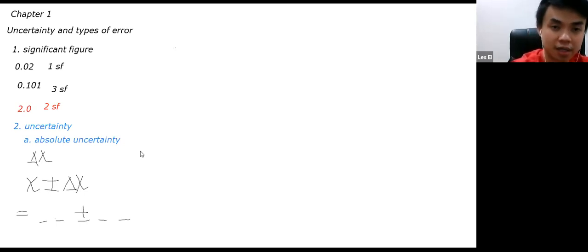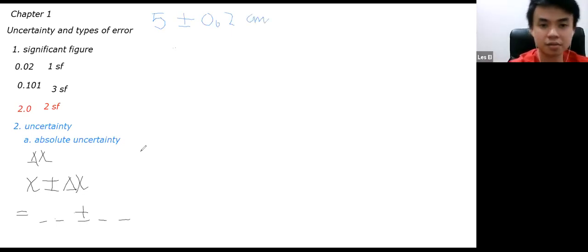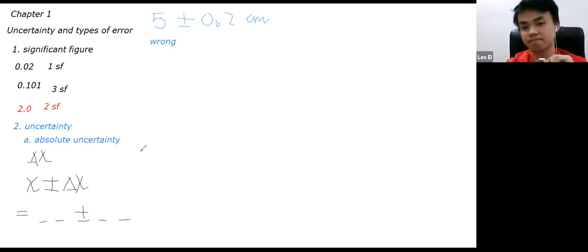So let's say one student writes 5 plus minus 0.2 centimeter. This is not right. This is wrong. Why? Your absolute uncertainty should have the same decimal place as the measurement that you want to explain.